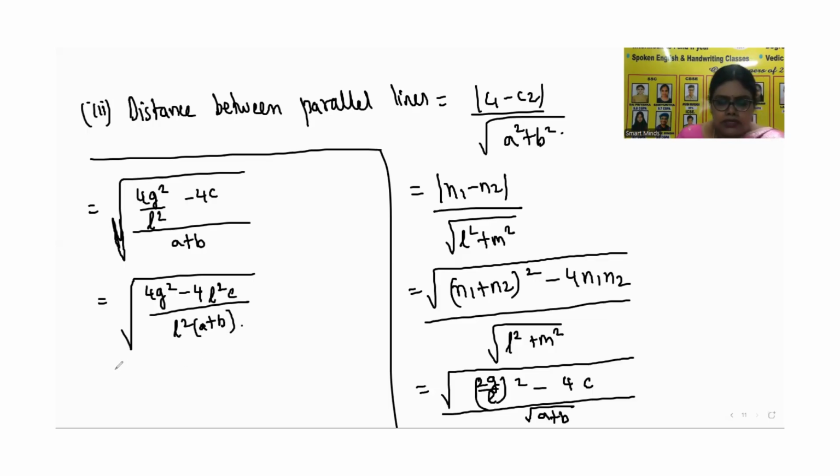But we know that L square is a, and if I take 4 common from the numerator, I will get 2 outside, root over g square minus ac, and denominator also L square we can replace with a. So that is a into a plus b. So first part of the distance between parallel lines is proved.